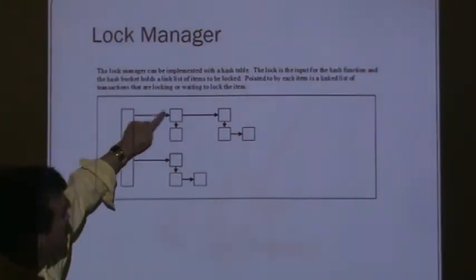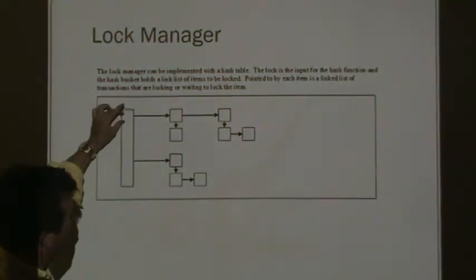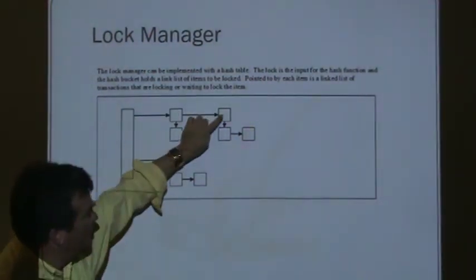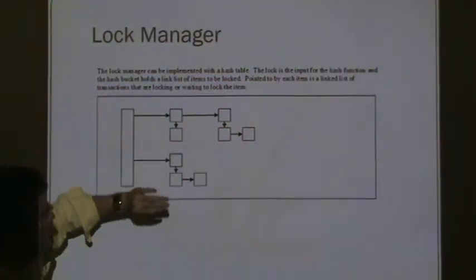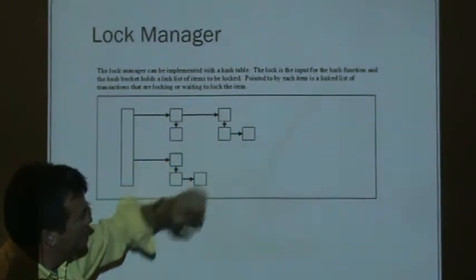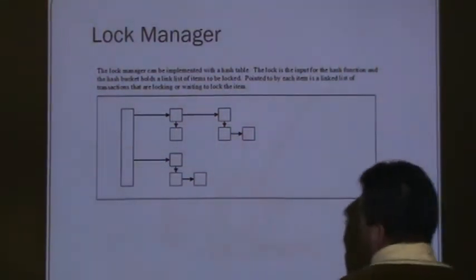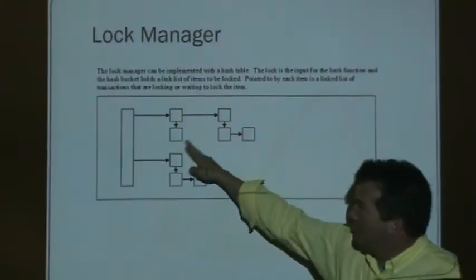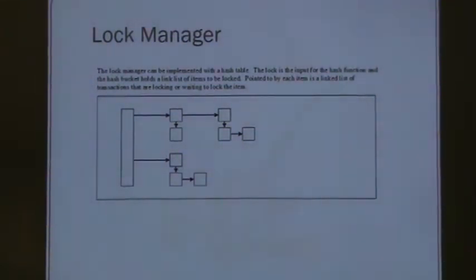So we have a hash table, it gives us a hash value, and we check what that hash table array is pointing to. If there are locks that have a collision in the hash table, we could have a linked list of locks for a transaction. So we could have a transaction, you look it up in a hash table, and below it has a list of all the locks that it currently holds.